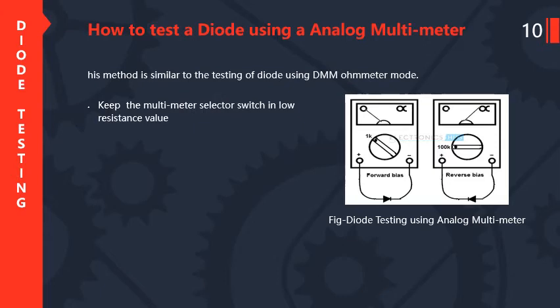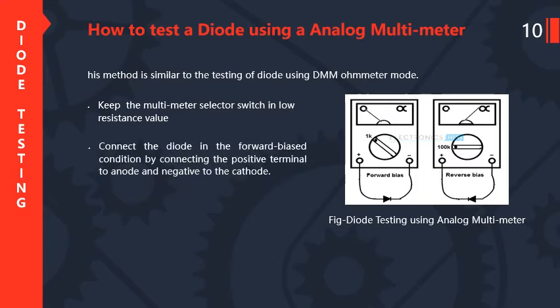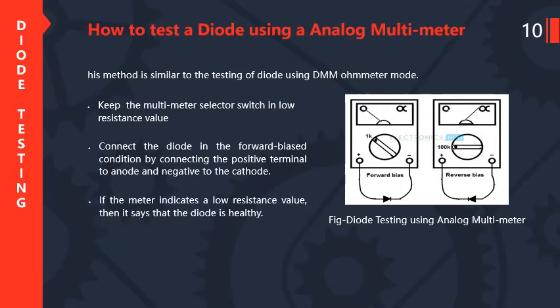So keep the multimeter selector switch at a low resistance range. Connect the diode in forward bias condition by connecting the positive terminal to the anode and the negative terminal to the cathode. If the meter indicates a low resistance value, then the diode is healthy.